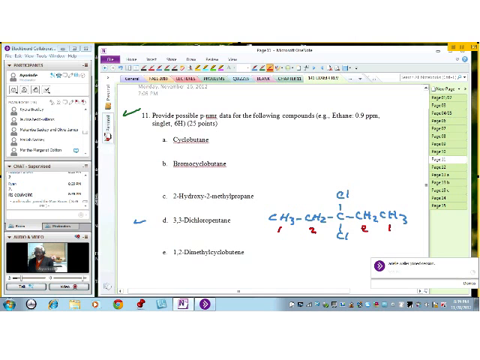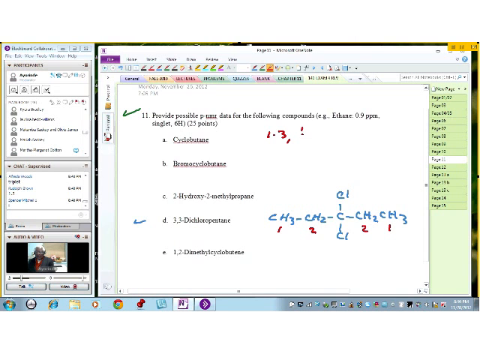Okay, so now let us go ahead and give the complete set of data. Let us start with this. What will be the chemical shift of this? Any idea? 1.3, okay. Let's go with that, 1.3. What will be the multiplicity for this here?